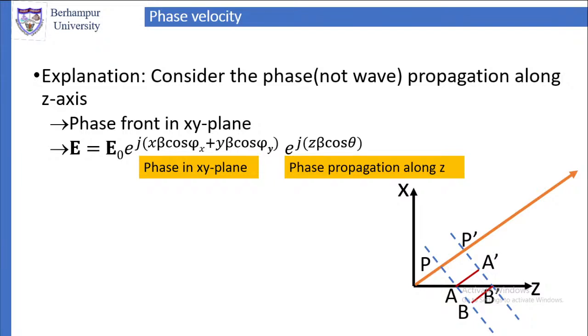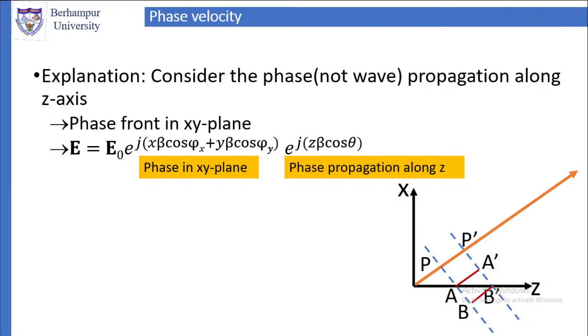Now the interesting part is that along the z-axis, A has not moved to the point A dash, but to the point B dash. So A and B dash are in the same phase. Their phase remains constant, not A and A dash, but A and B dash. Look at the triangle A dash B dash, or A B dash.